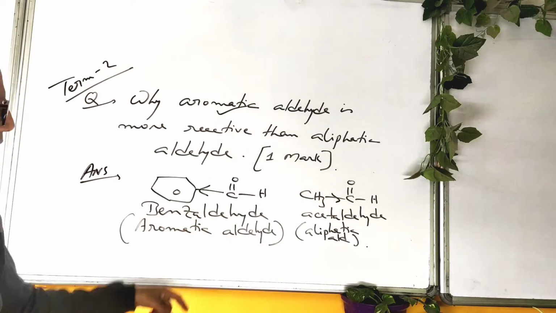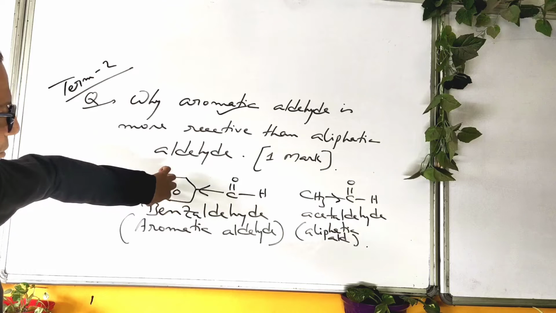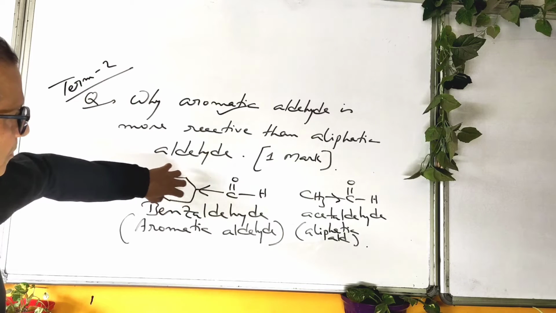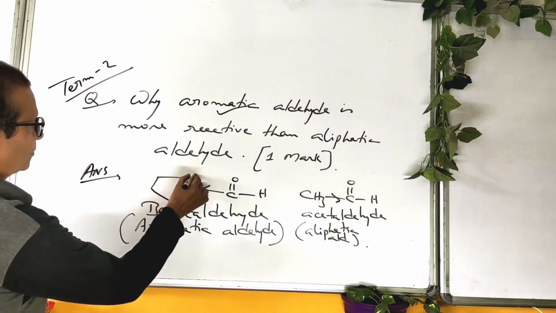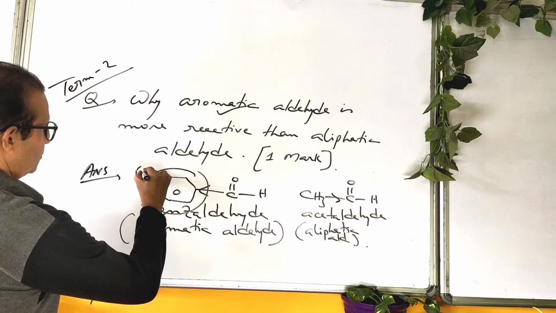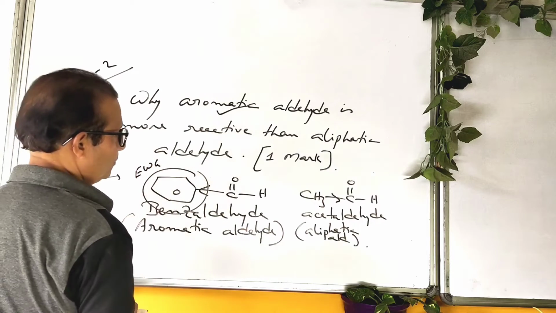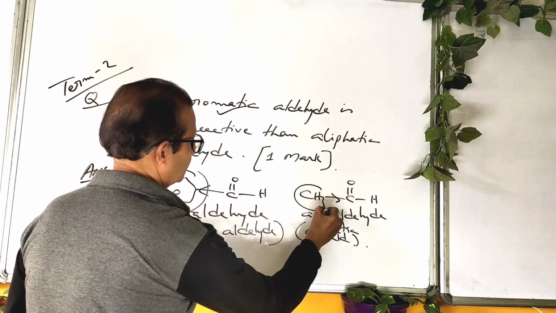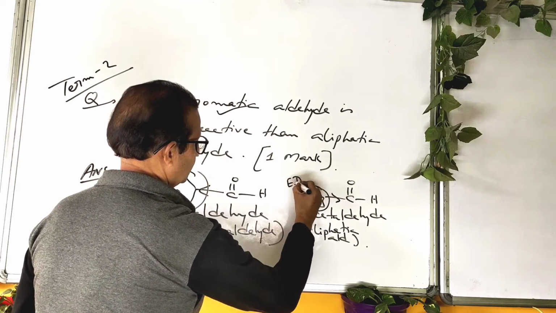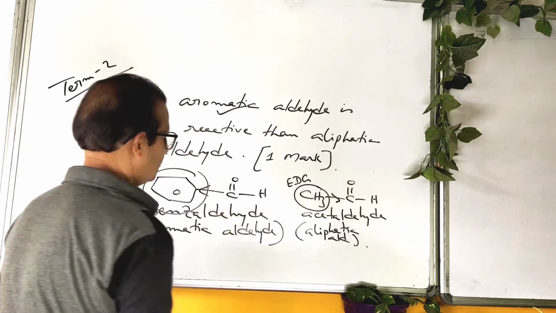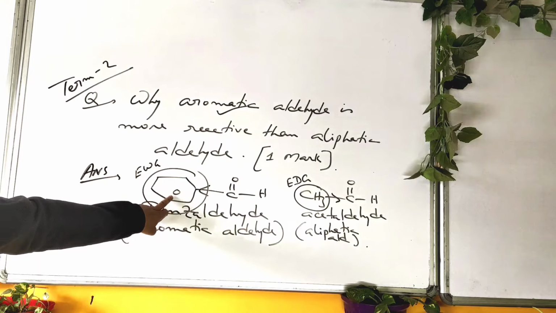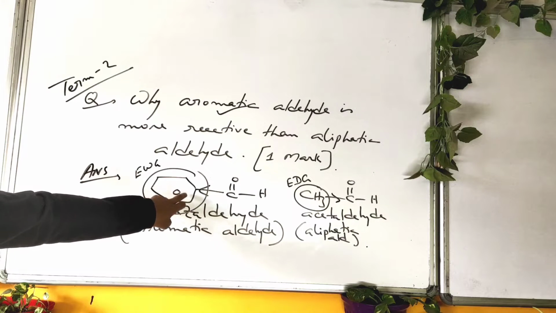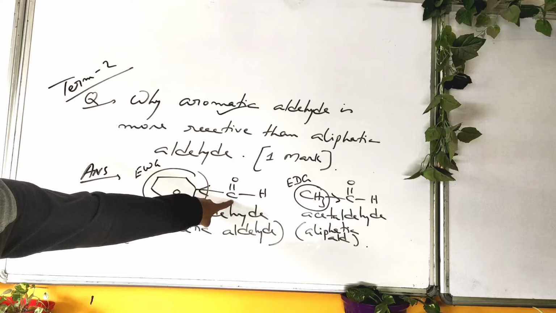So we can conclude that the presence of the electron withdrawing benzene ring increases the positive charge on the carbonyl carbon.